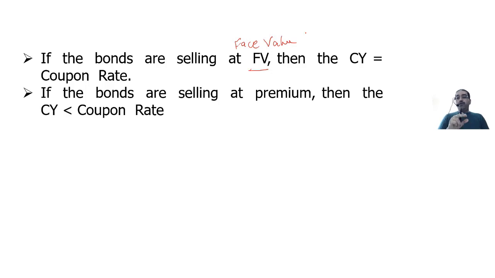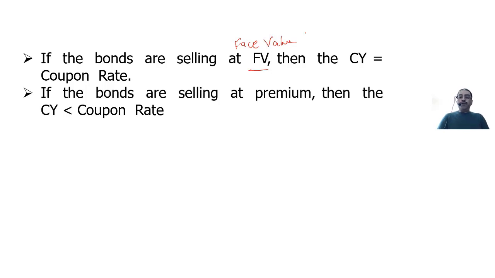Conversely, it is also true. You have to check that if the coupon rate and the yield, or the expected return of the investor, is the same, then the issue price has to be the face value. Converse.